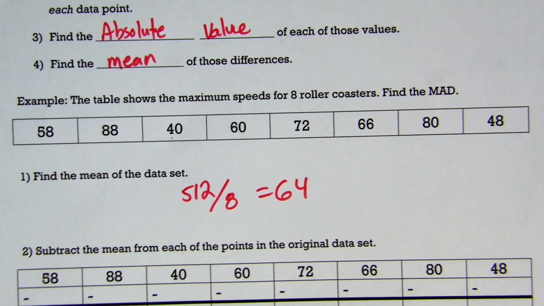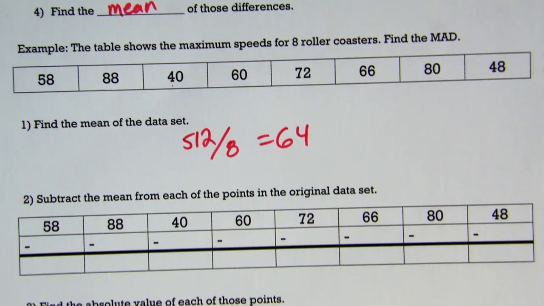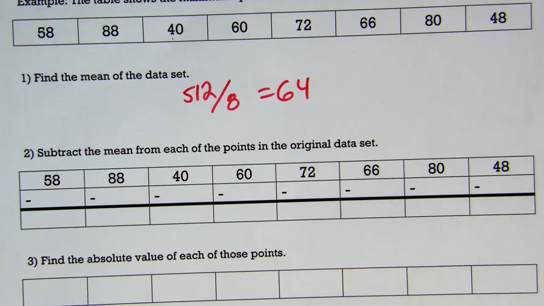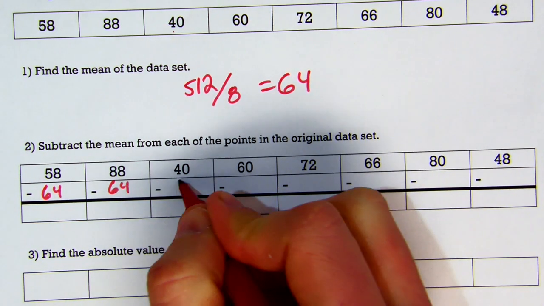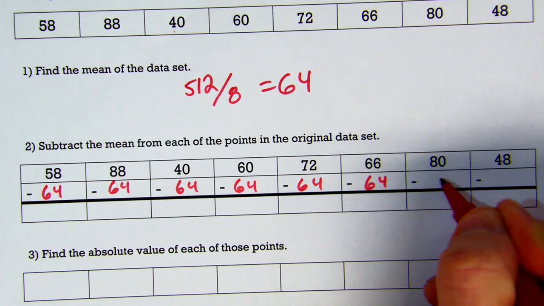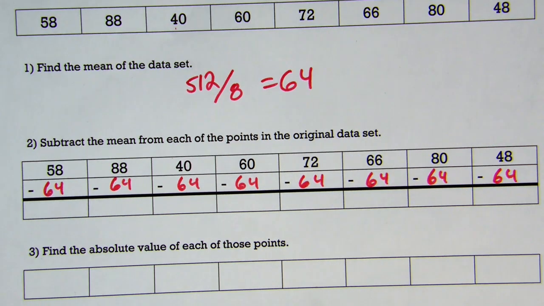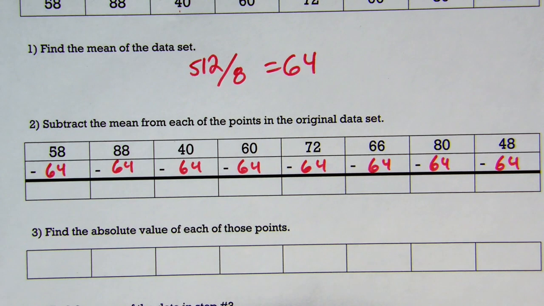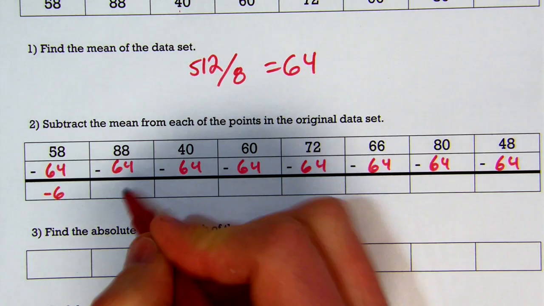I'm then going to take that average and subtract it from each of the data points. So number 2, subtract the mean from each data point. I'll write the average or the mean in every single spot. So the difference of these, 58 minus 64, we have negative 6.